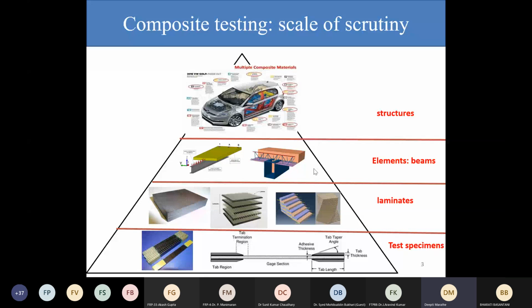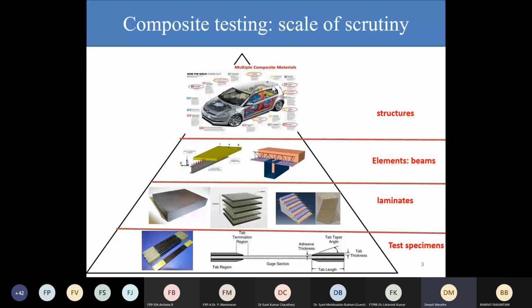So what are the structural elements that I try to make out of that laminate? There can be beams with different support conditions, there can be trusses, and there can be so many other structural elements. These structural elements are then going to be a part of a final product, say like a car or a plane, simple applications.